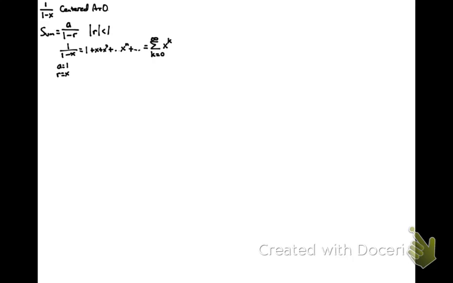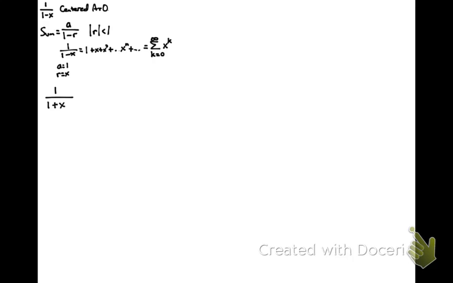It's the first term times the common ratio, however many number of times. And we know this series will converge as long as the absolute value of x is less than 1. And so if you can recognize the form, if it fits an infinite geometric series, you can get there quickly.